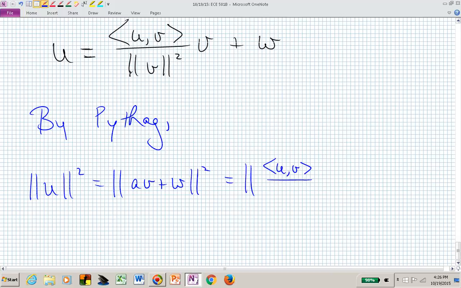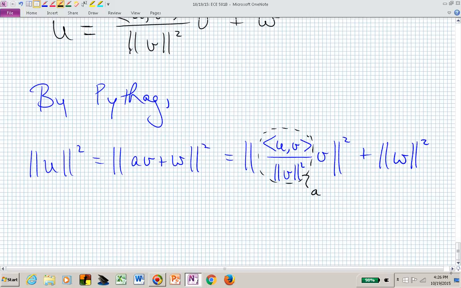We have the inner product of u and v over the norm of v squared, times v, squared, plus the norm of w squared. This piece is just a, and a is a scalar.